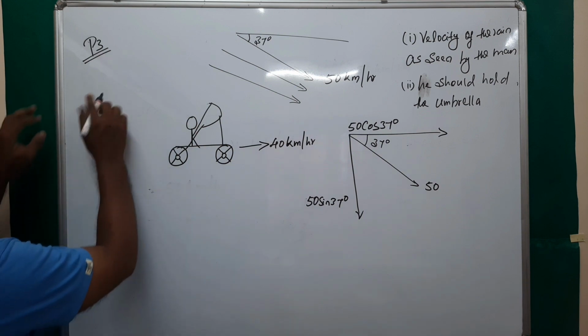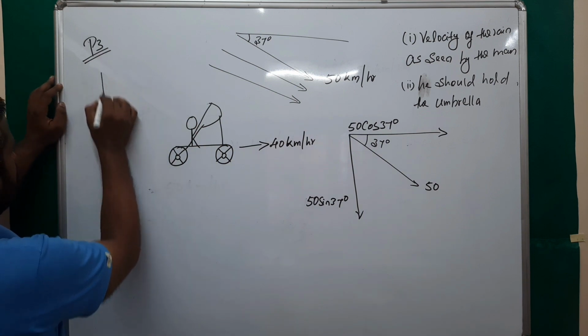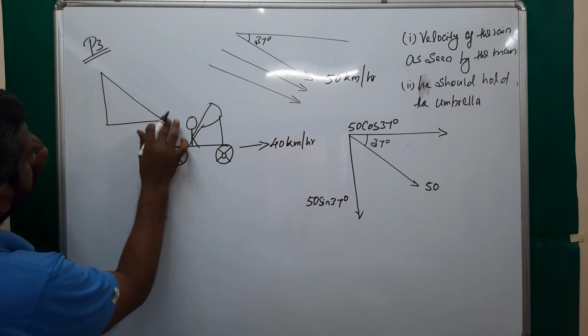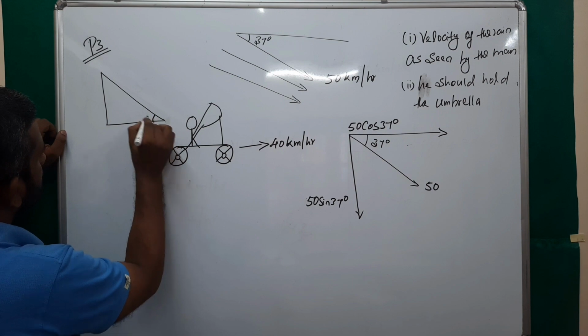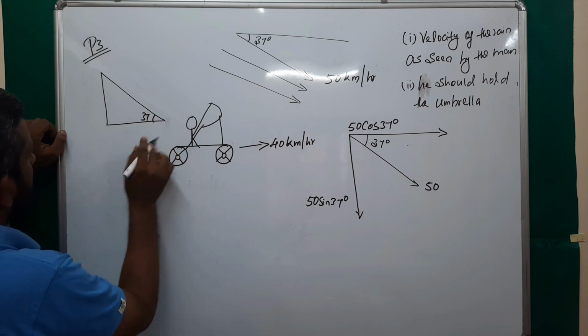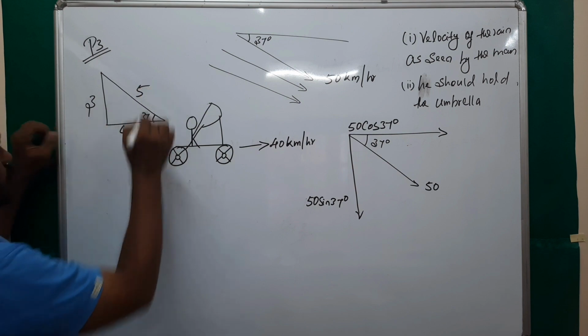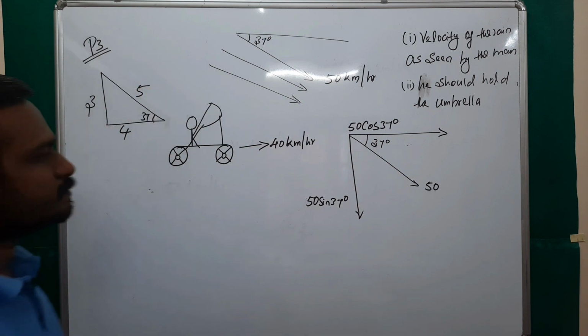The angle 37 degree is the famous triangle, with sides 3, 4, 5.